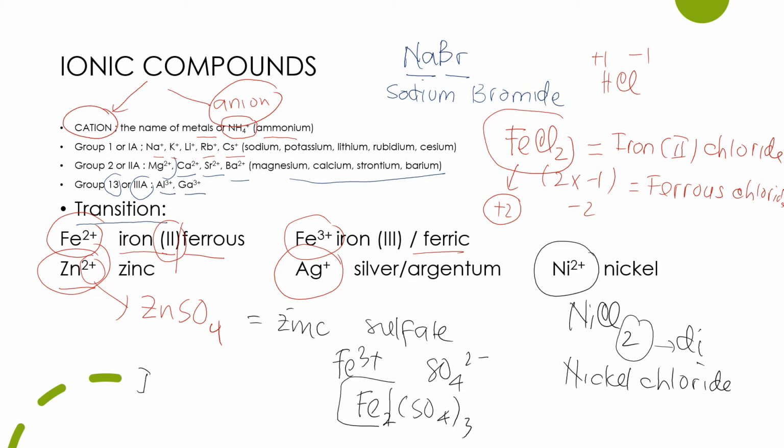Because iron can have more than one value, we need to give that information here. The iron is +3. Iron(III) sulfate. Because for sulfate, there are SO3 2- and SO4 2-, so sulfate(VI).